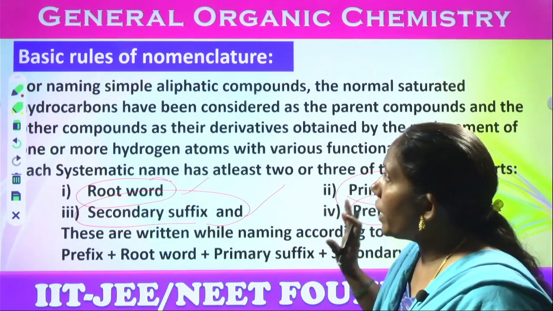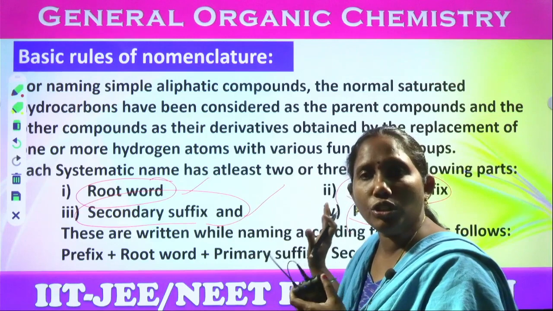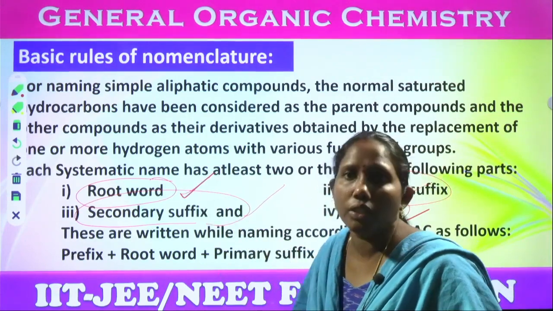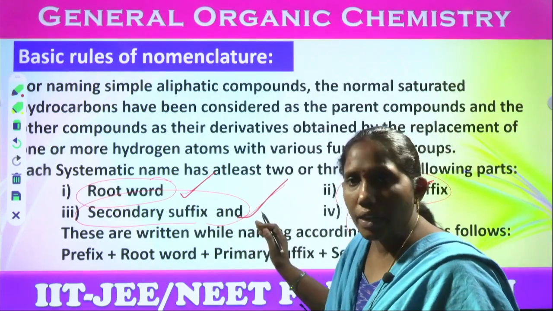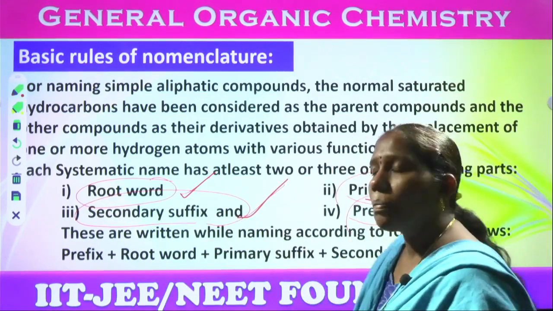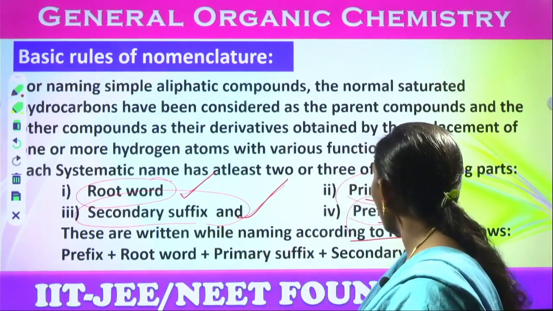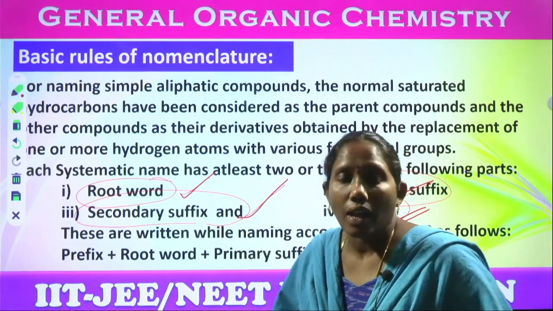To name an organic compound, you should know what the root word in that compound is, what the primary suffix is, what the secondary suffix is, and what its prefix is. These are all written while naming according to the IUPAC. How to write according to the IUPAC?